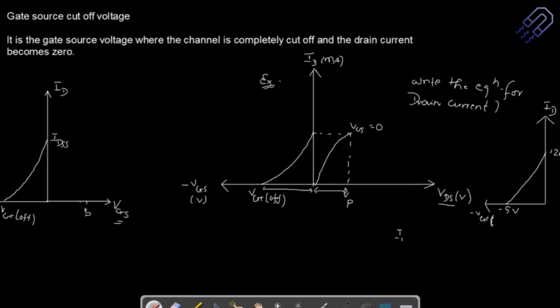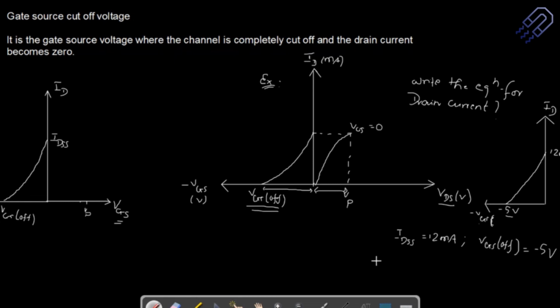What you can do is write what IDSS is, which is nothing but 12 milliamps, and VGS off, which is given to be minus 5 volt.